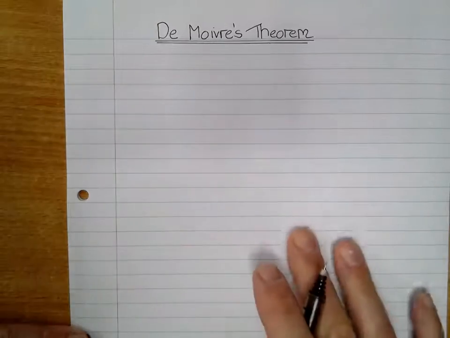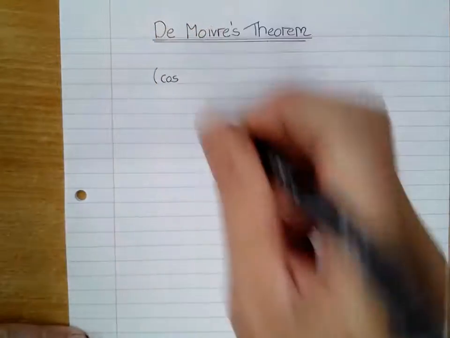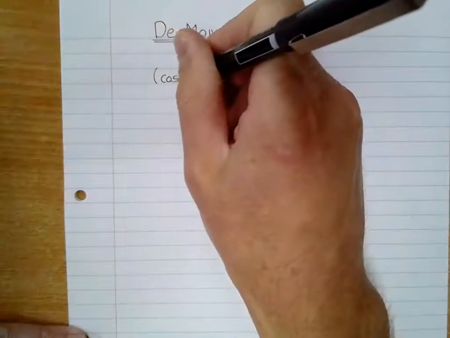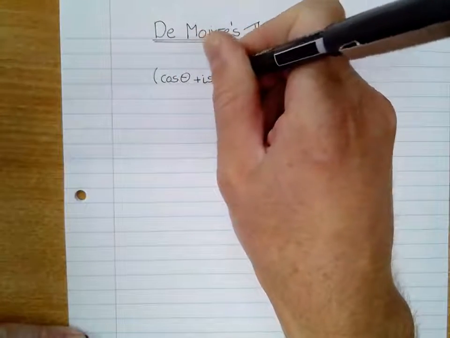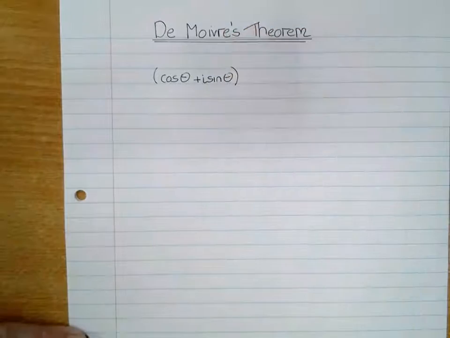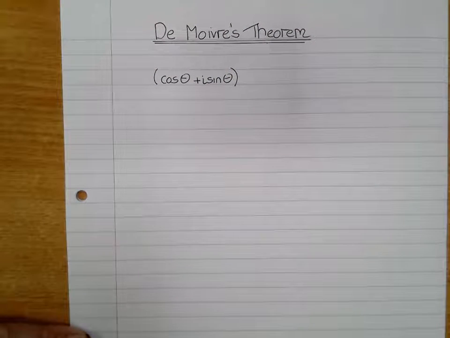So basically, this is the theorem. It says that if you have a complex number written in modulus argument form, if you can remember what that is, written in the form cos theta plus i sin theta. Remember, any complex number can be written in that form.